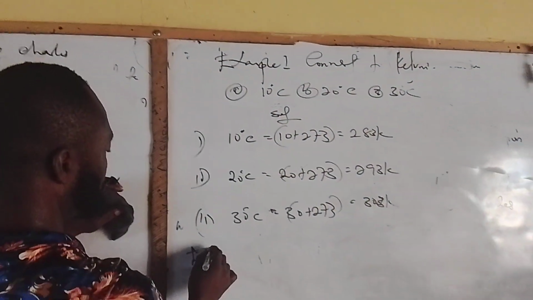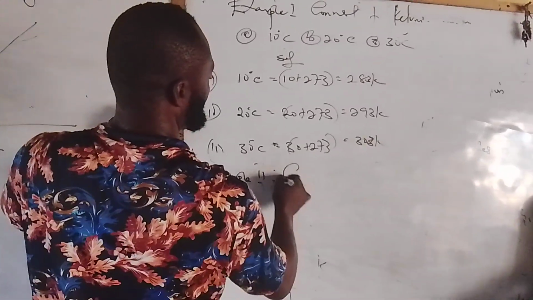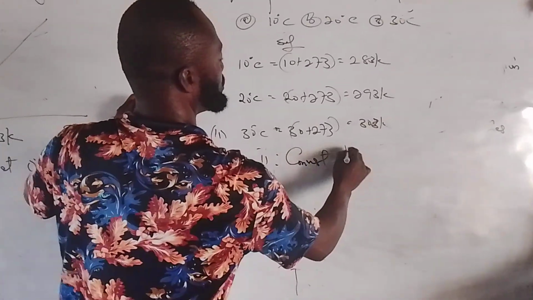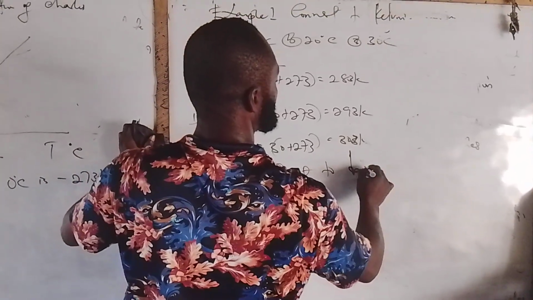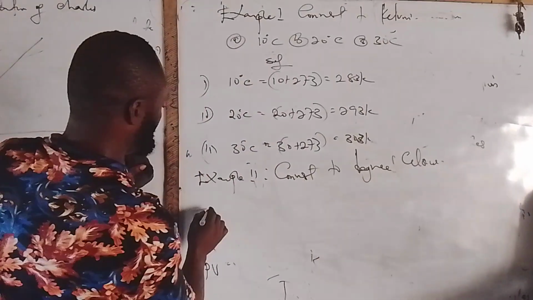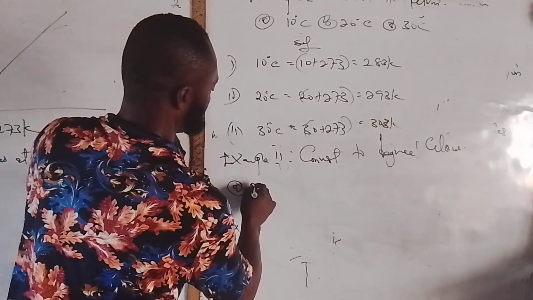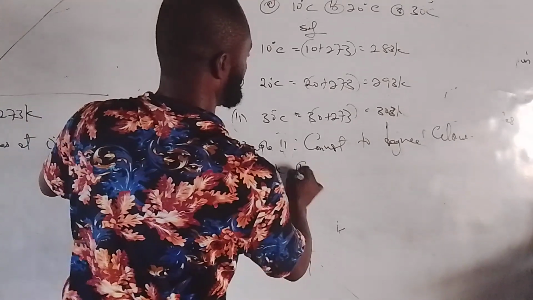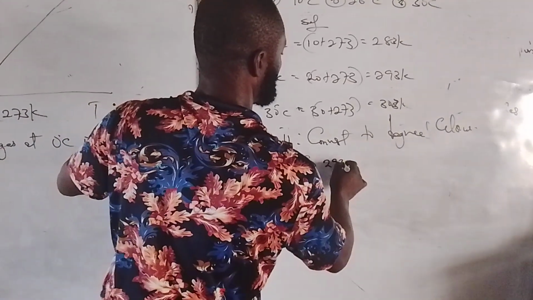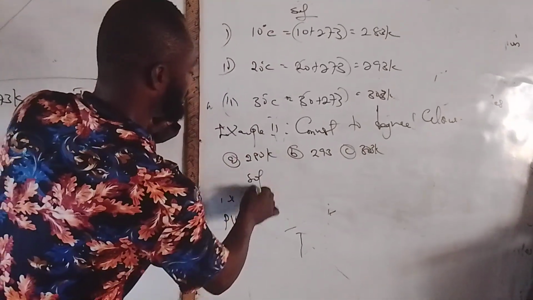But another example is that you can be asked, example 2, convert to degrees Celsius. For example, we give you maybe A, 283 Kelvin, B, 293 Kelvin, C, 303 Kelvin. What do we do? Solution.